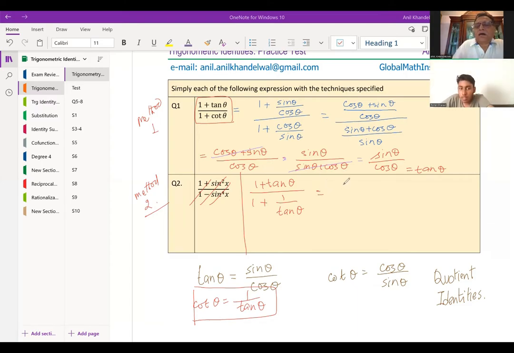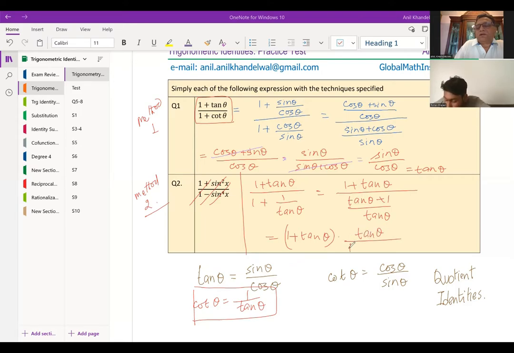So now I will write this as 1 plus tan theta, and here I can write tan theta plus 1 over tan theta. And so this could be written as 1 plus tan theta times tan theta over tan theta plus 1, correct?